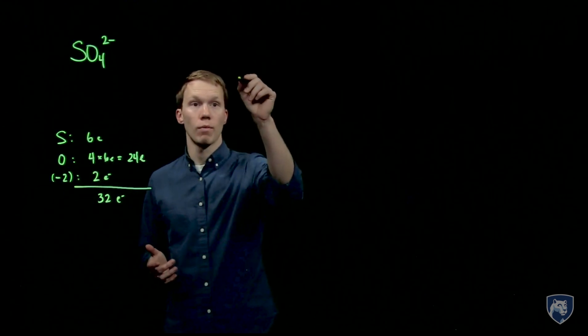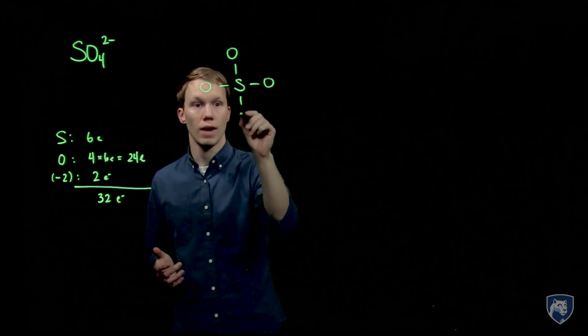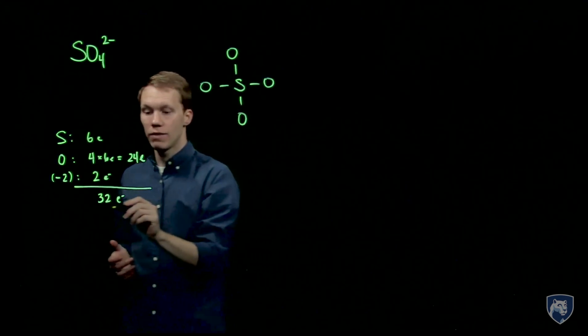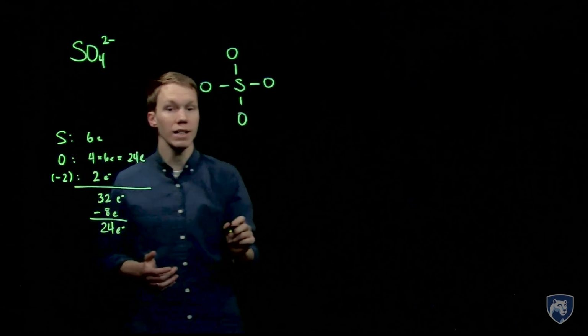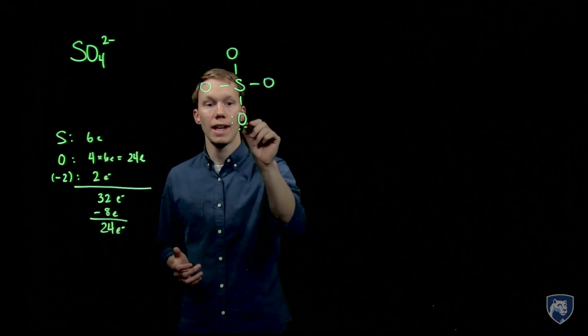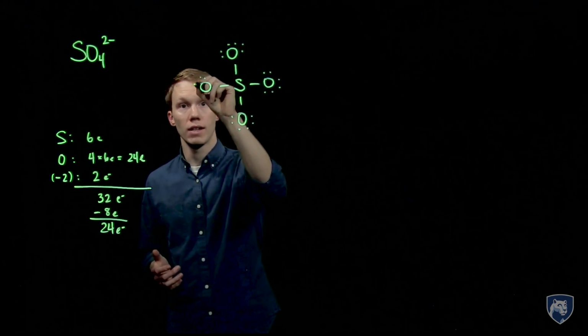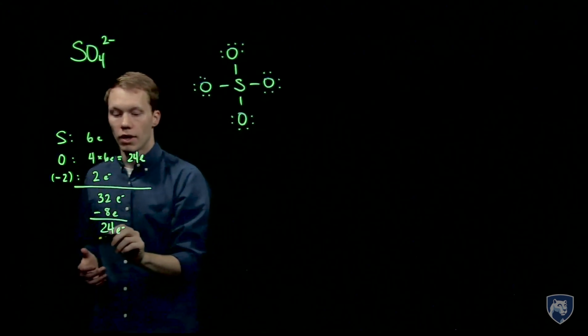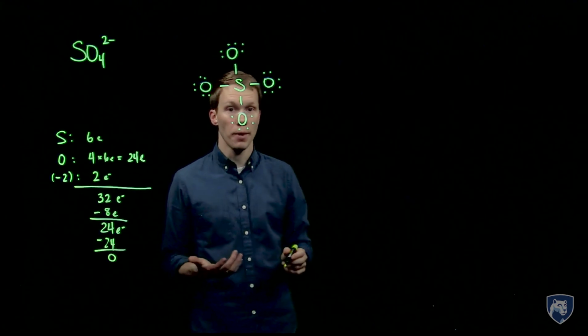I would build my framework. Sulfur is the least electronegative, so it will be the central atom. And I've used 8 electrons, so I have 24 electrons remaining to place as lone pairs. Since each of the oxygens will have 6 electrons in 3 pairs, and there are 4 of them, that means 24 will be used, and we'll be left with 0.